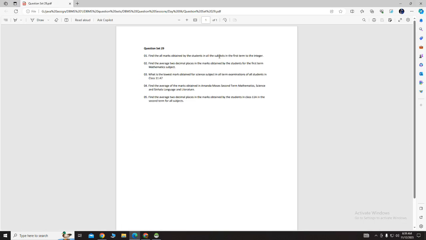mark. For the fifth question, they say find the average, to two decimal places, of the marks obtained by the students in class 11A in the second term for all subjects.